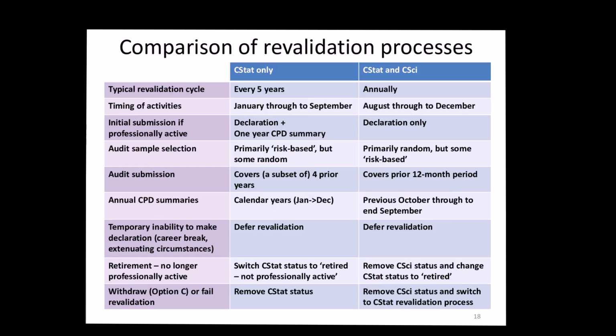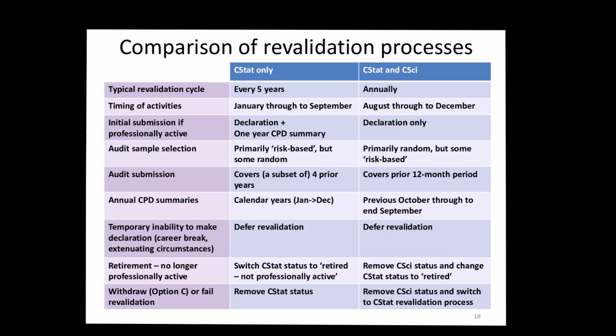Now, if a member in the CStat process indicates that they've recently retired, then they switch status to retired, not professionally active. Whereas in the CSci process, you lose your CSci status and switch to the retired CStat status. And you lose it because the Science Council requires that you are professionally active in order to hold the CSci award.